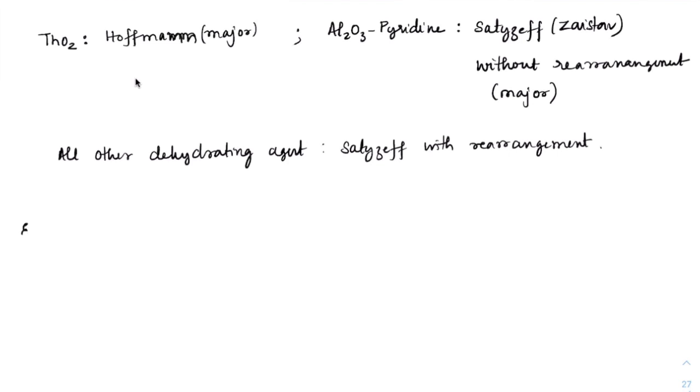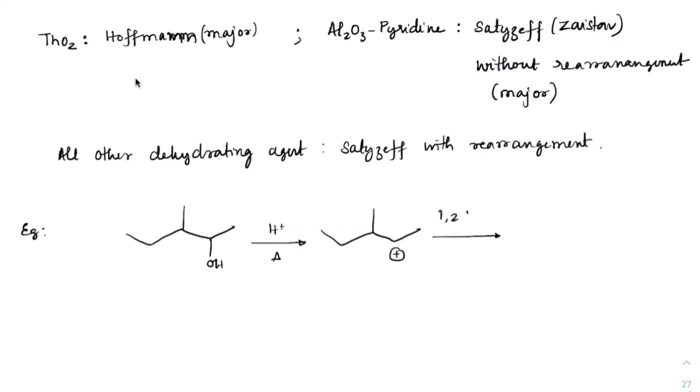Let me show you one example here. Suppose we have OH and I treat that with H plus and heat. First there would be formation of a carbocation here, right? That carbocation will rearrange by a 1,2 hydride shift, which means H from here is shifting here, which makes it form this carbocation.